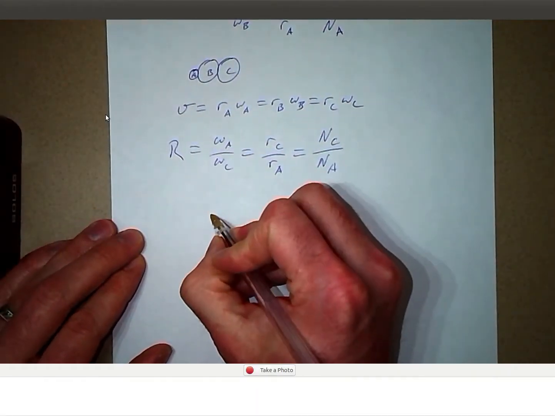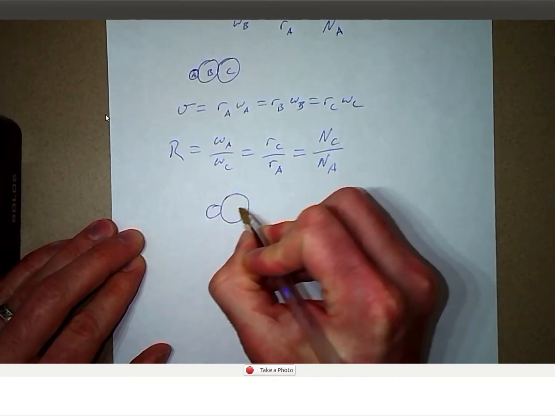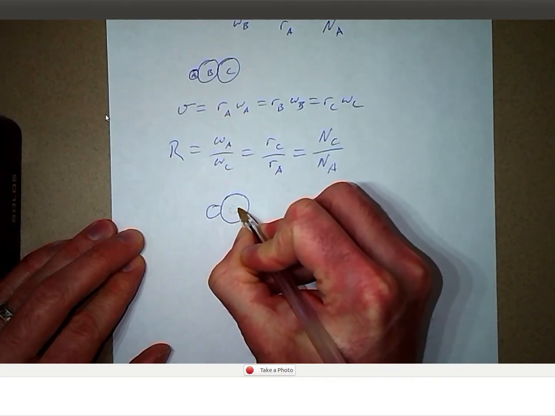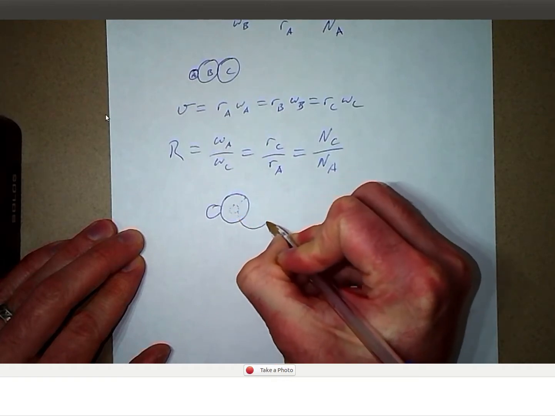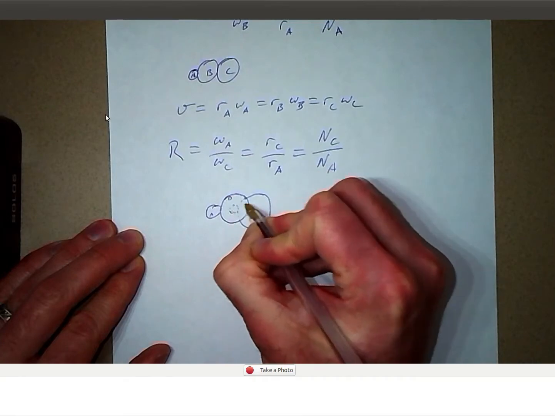In that case we have A and B, and then on the same shaft as B is this gear C. And then interfacing with gear C is D. So we have A, B, C, and D.